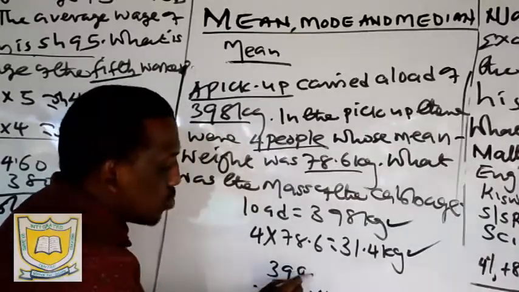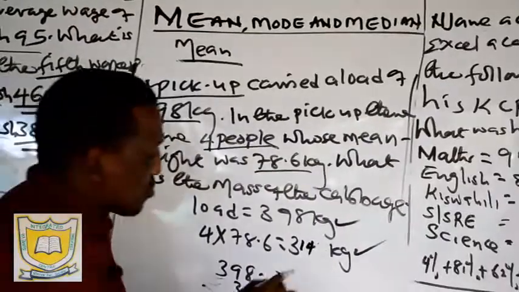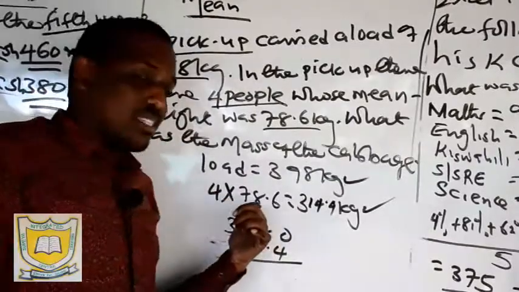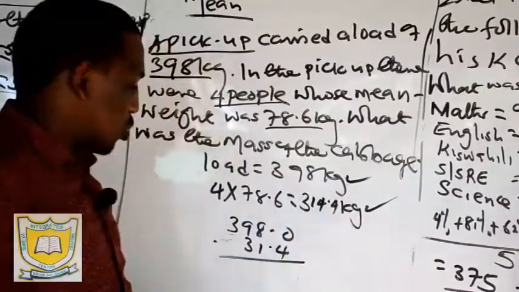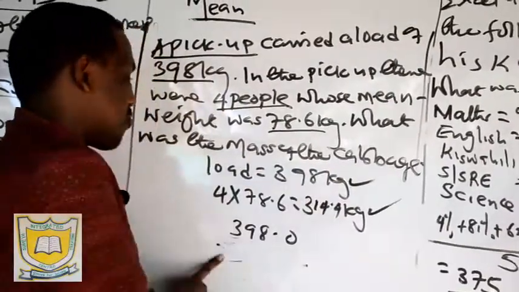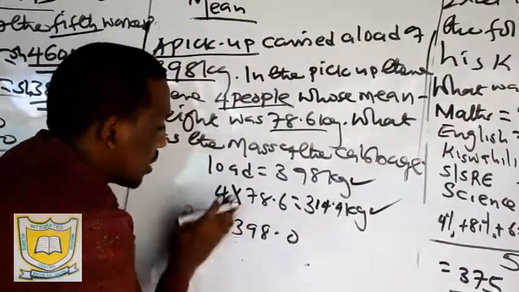This one has no decimal, you introduce one. So when you multiply 4 times 78.6 it is 314.4 kg. You subtract: 398 is the total load, for the 4 people their weight was 314.4.